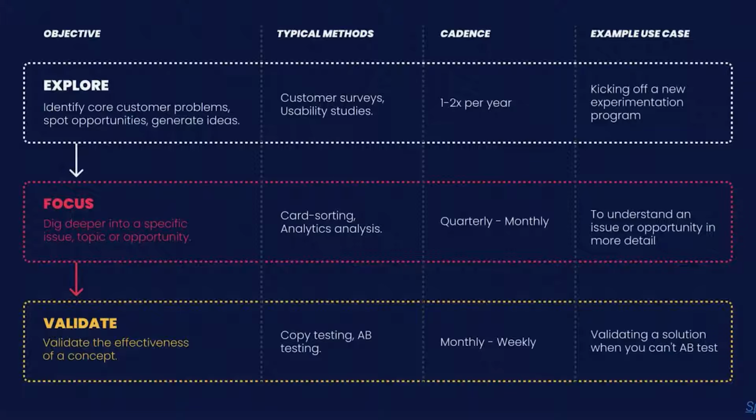This type of research would be going on a much more frequent basis, so monthly or weekly, again, depending on how quickly you can move. As you can see, A/B testing is referenced here as one of the methodologies. So you should almost be thinking of the other types of research in this objective going through a similar cadence as your A/B testing.